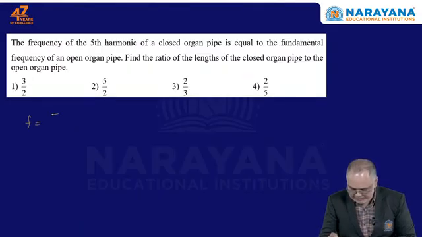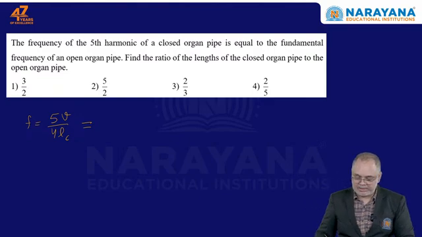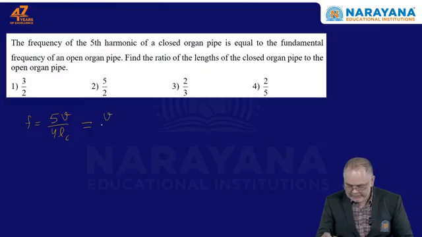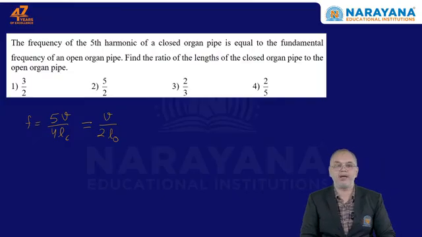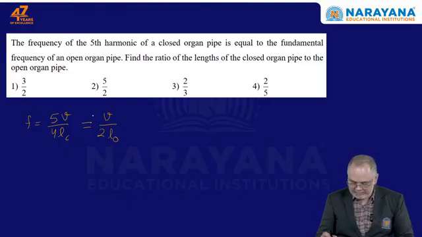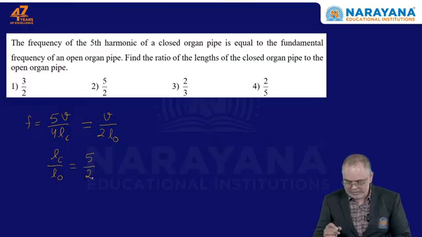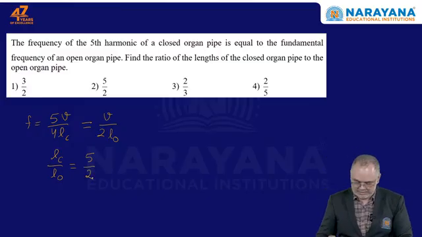And the fundamental frequency of the open organ pipe, that is also equal to this one. So the fundamental frequency we can write as V by 2LO, LO being the length of the open organ pipe. So here we can see V will be cancelled, and 1 and 2 will be cancelled. So you can write length LC upon length LO equal to 5 by 2. So this is the ratio of the two lengths. So this is the answer.